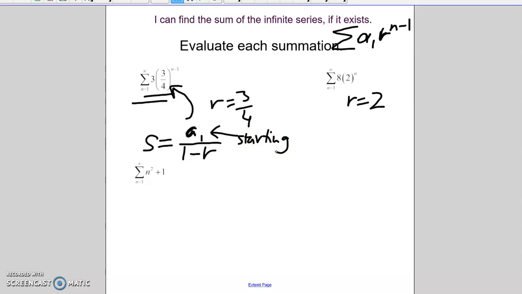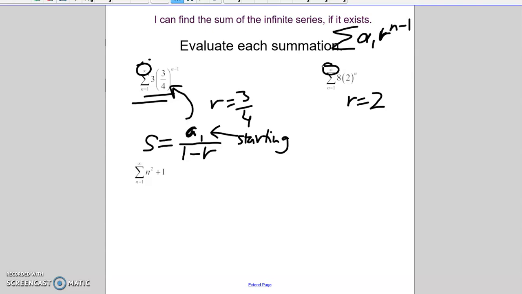And so if you've got something in a sub 1 times r to the n minus 1 and n equals 1, sometimes your index may start at a weird spot. So the key thing when you're using this formula for infinite series, and we can tell these are infinite series because they've got the infinity symbol at the top, so there's no end, it just goes on forever.